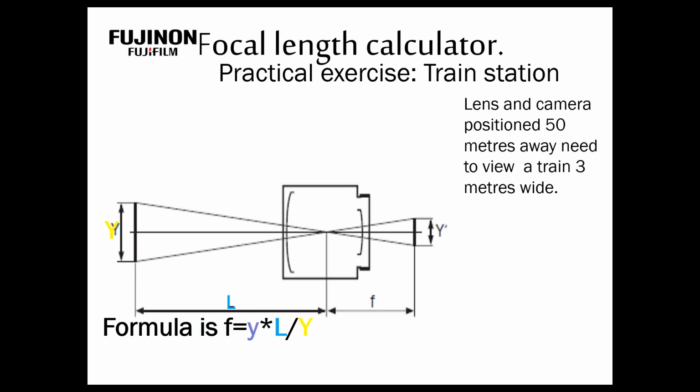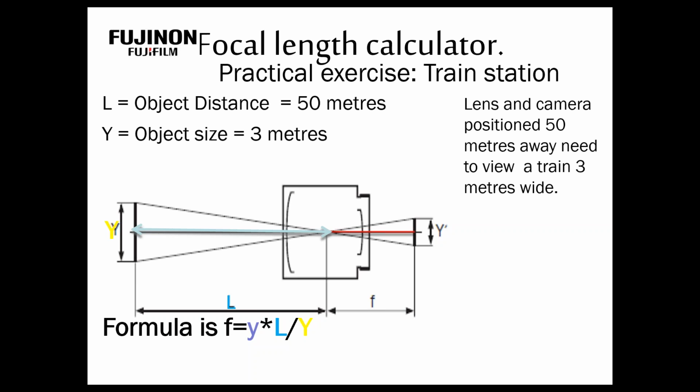So our L is 50 meters, which is our object distance. Our y is our size of the train, which is 3 meters.